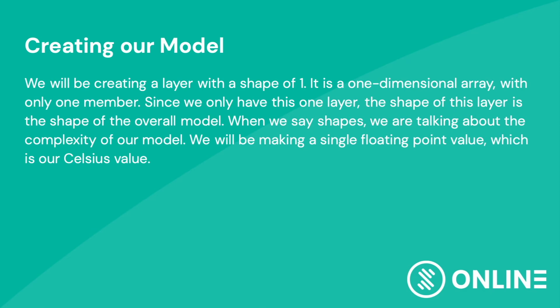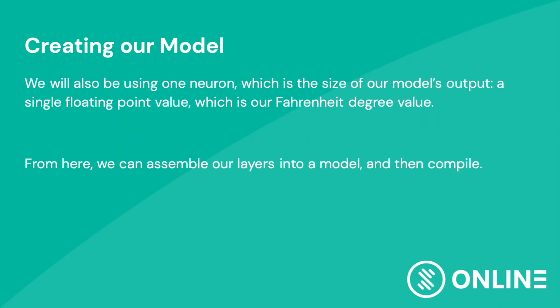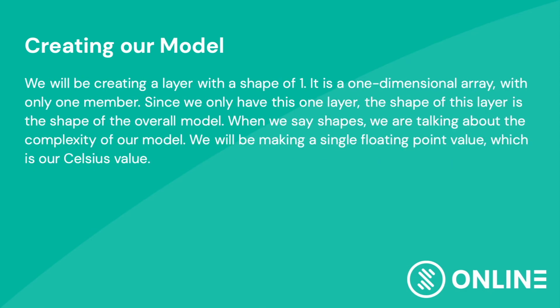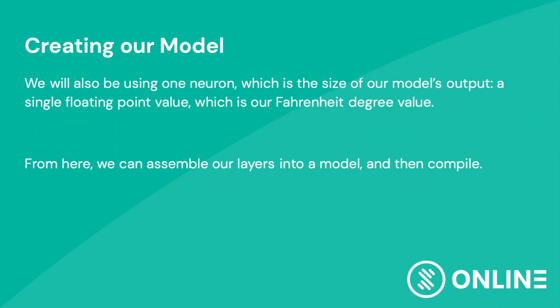When we say shapes, we're talking about the complexity of our model. We're only going to be creating a single floating point value, which is our Celsius value. We're also using one neuron, which is the size of our model's output, a single floating value, which is our Fahrenheit degree value. We feed in a Celsius, and we get back a Fahrenheit.